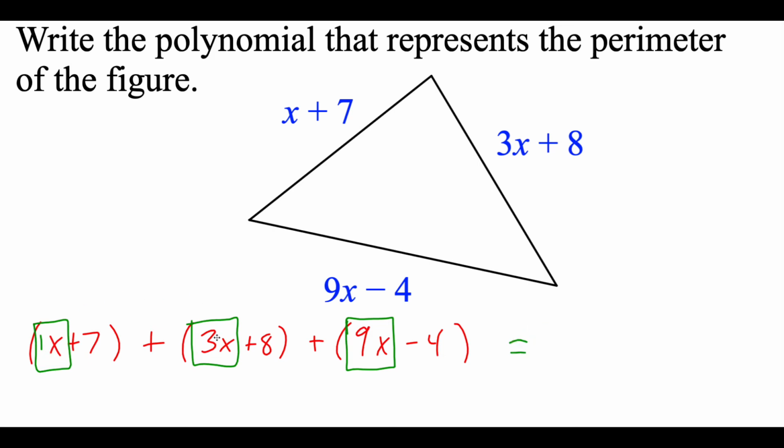So 1x plus 3x is 4x, plus 9 more x's is 13x. And then if we look at all of the constants, we've got a plus 7, a plus 8, and a minus 4. We're going to combine those as well. So 7 plus 8 is 15, minus 4 is 11, so plus 11 on the back end. So this polynomial right here, 13x plus 11, would represent the perimeter of this triangle.